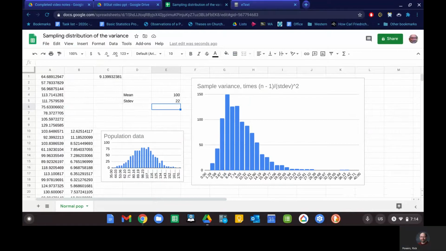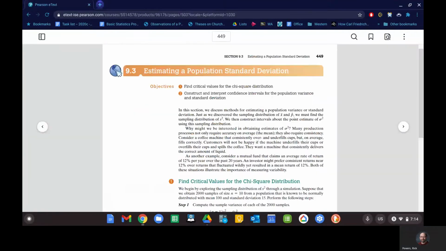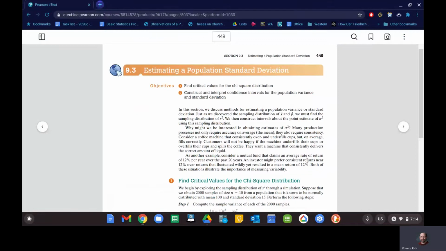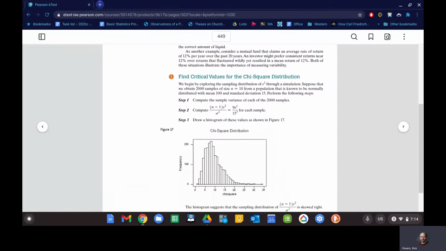So what do we have here? What is this shape that we keep coming up with that's not bell-shaped? This thing is called the chi-squared distribution. And I'm going to go back here to the actual textbook to see what this says. The critical values of the chi-square distribution.